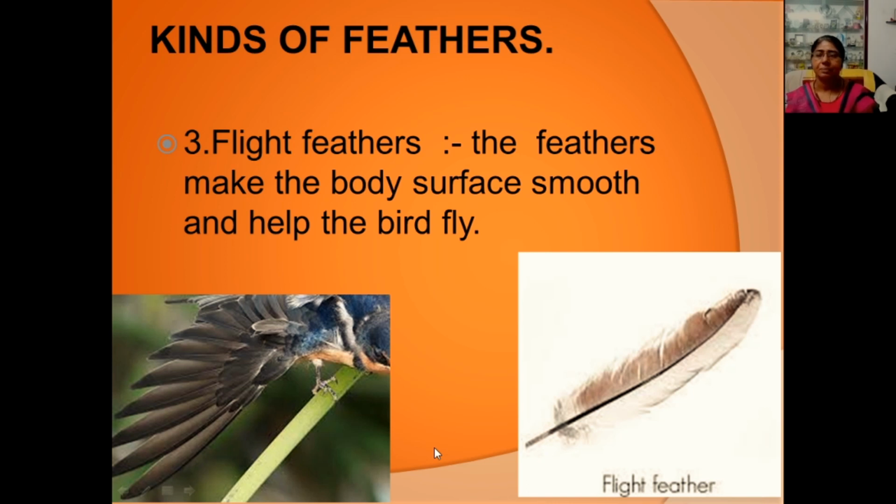They help the birds to fly smoothly. Children, do you know that these feathers cover the entire body? Feathers of birds are oily. They do not get wet.